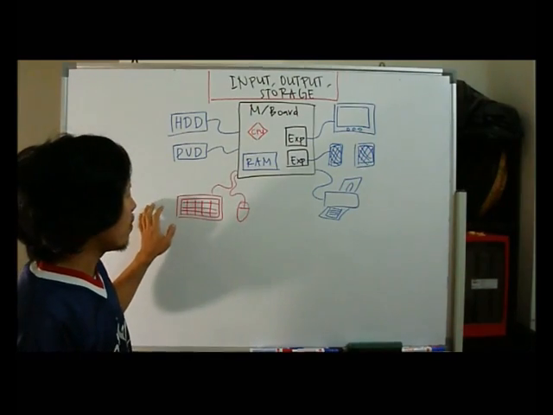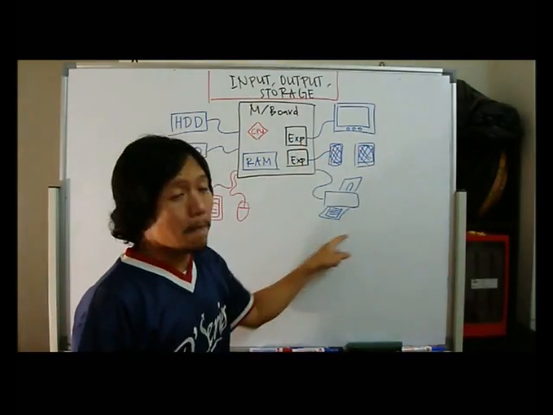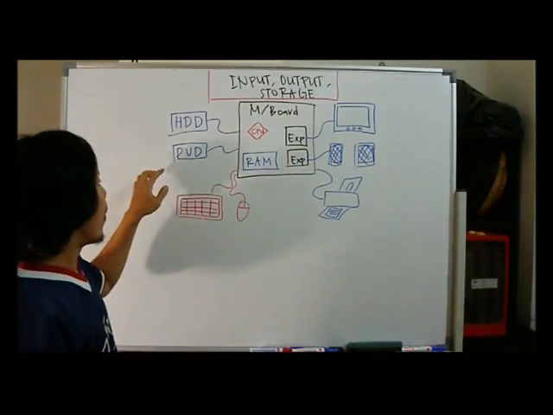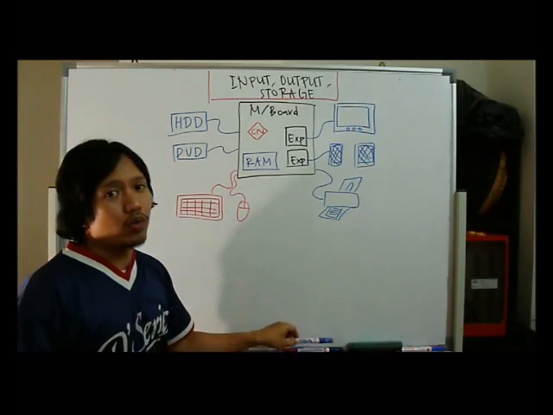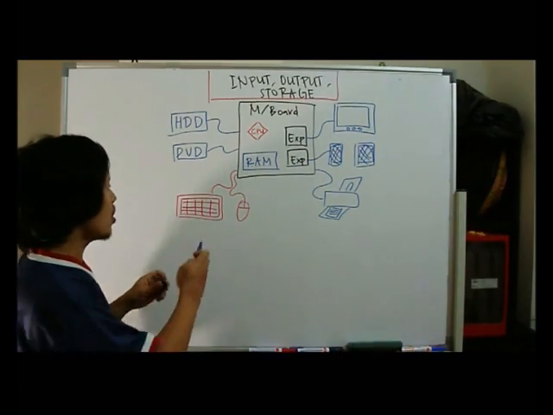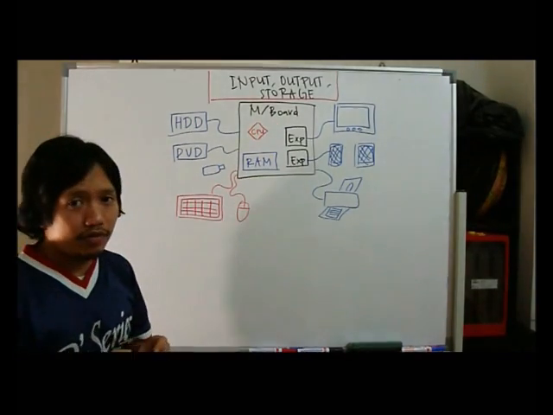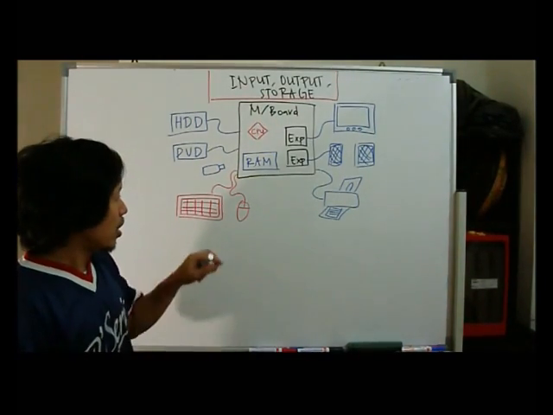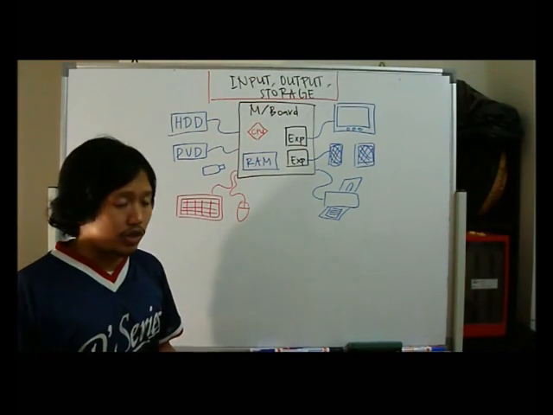And so we have input, we have output, and we have storage. Of course, you might be familiar with another type of storage called the USB thumb drive, right? Or rather, a category of this is called solid state storage.